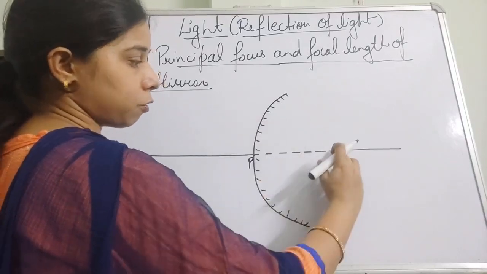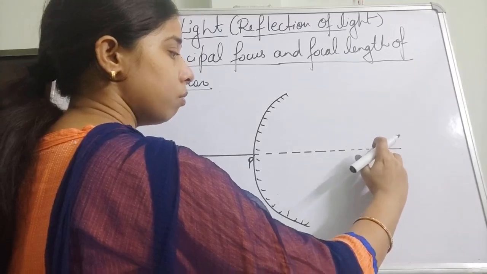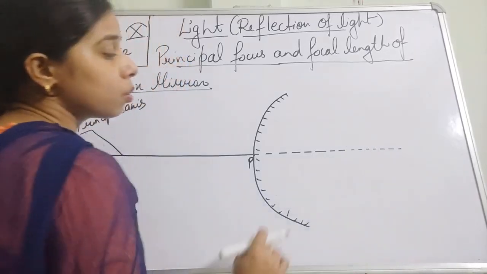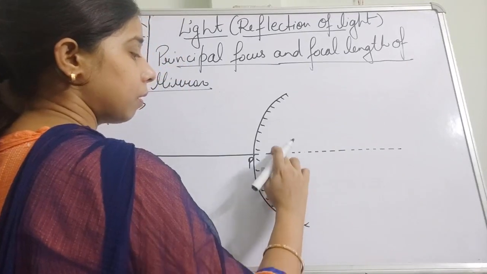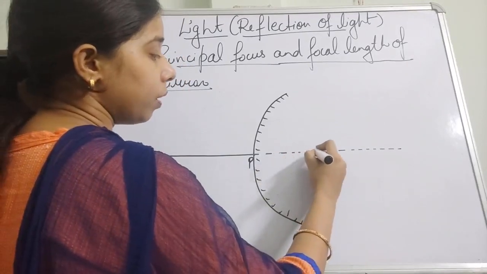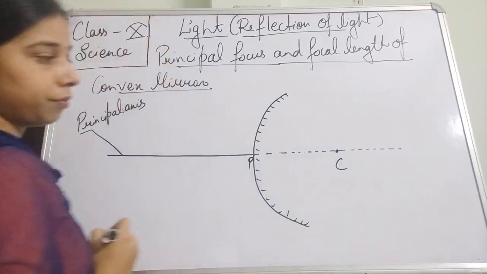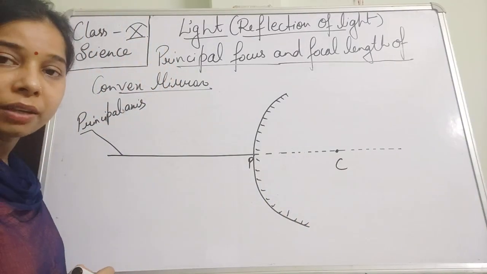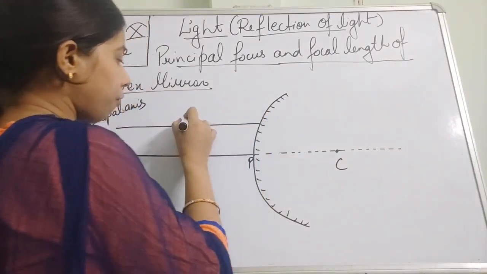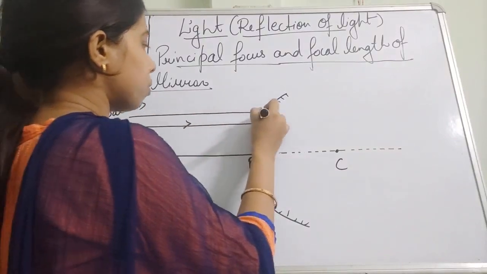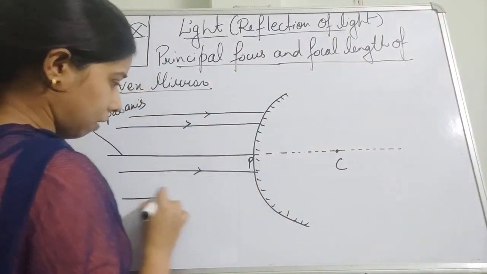This is the polished surface, but it seems that the light rays are also going to this side. Suppose this is the center of curvature. Now what happens when a beam of light falls on the surface of the convex mirror?